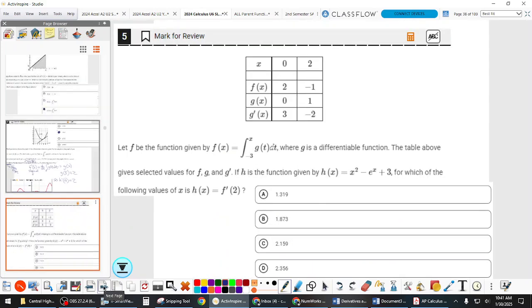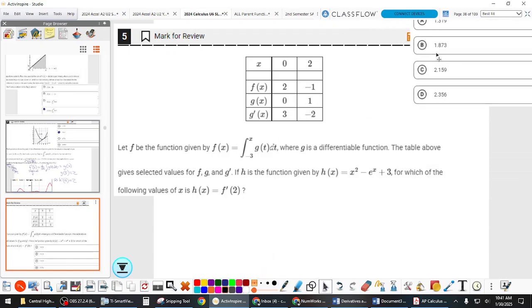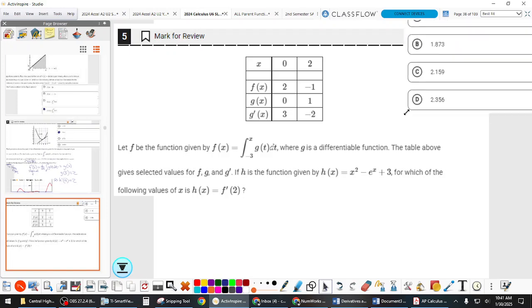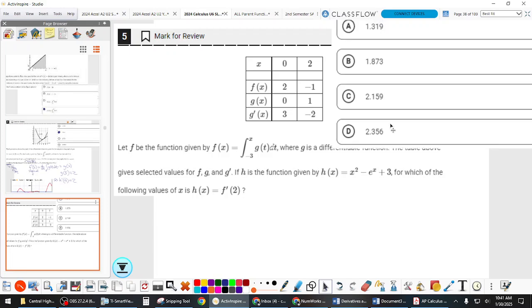Good job. All right, here's another one kind of like that. It has the calculator icon as well, but I'm gonna make these bigger. There we go. How about the rest of it? Does it look readable? Yeah. I need to scoot that down a little.